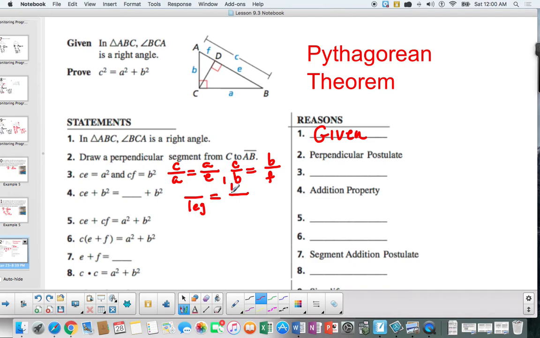So this is the leg, this is the leg, this is the hypotenuse, and this is the part of the hypotenuse adjacent to the leg. And that's what I'm using right here and right here.